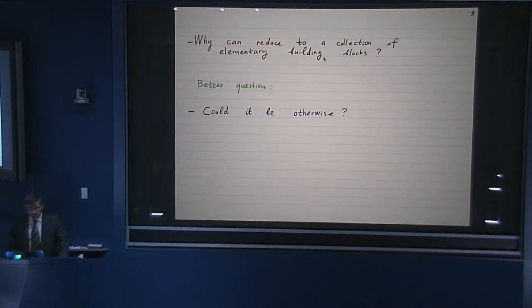So this begs the question: even though we tacitly assume that that's the way it should be, why is it that we can always reduce all the particles to a collection of these elementary building blocks?